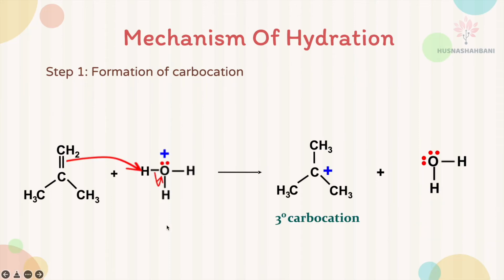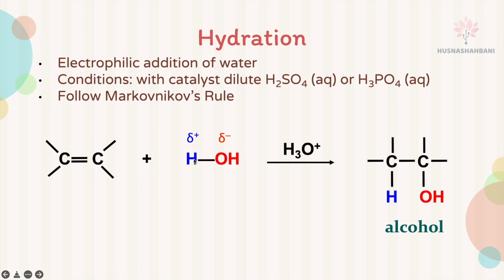Mechanism of hydration. The first step is formation of carbocation. The alkene has a nucleophilic site, the carbon-carbon double bond, an electron-rich nucleophilic site. It will attack one of the hydrogens in the acidic water, because water in dilute H2SO4 or phosphoric acid is H3O+.